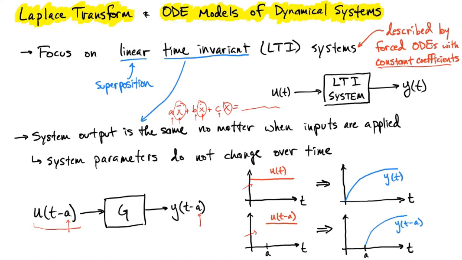There's not any substantive change because I applied the input a units of time later. So these are nice properties of these systems, but again, these represent fairly consistent systems, and they're the ones that we often see in the real world and in physical systems.